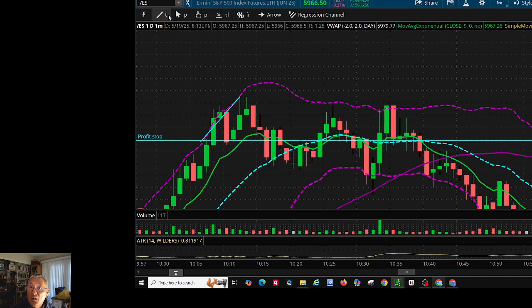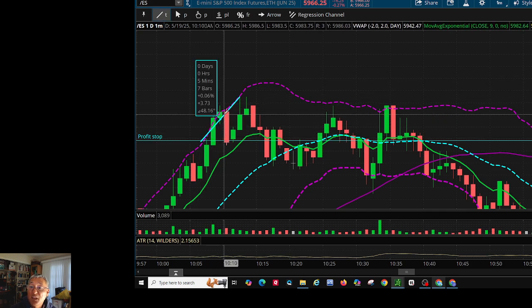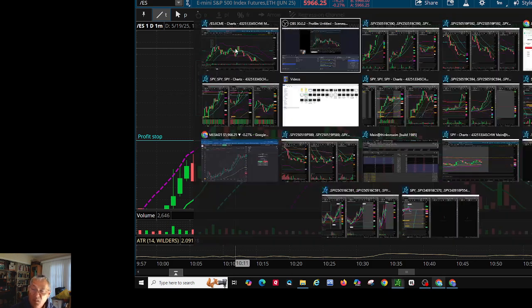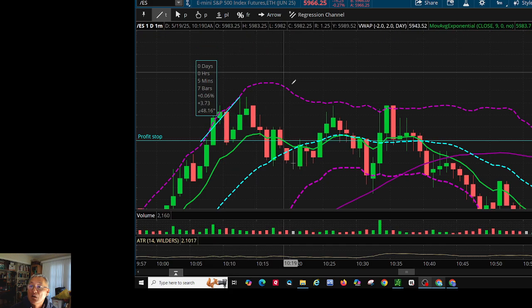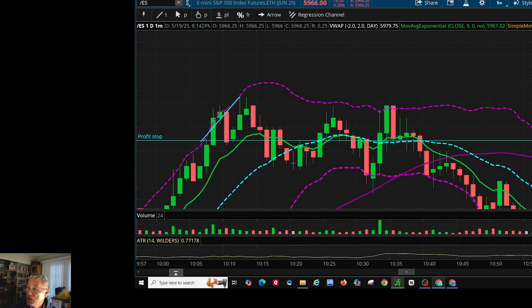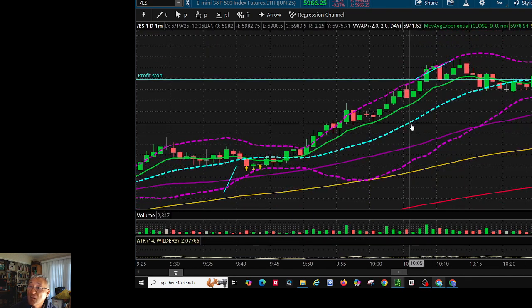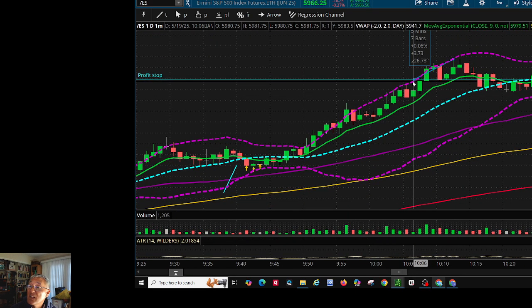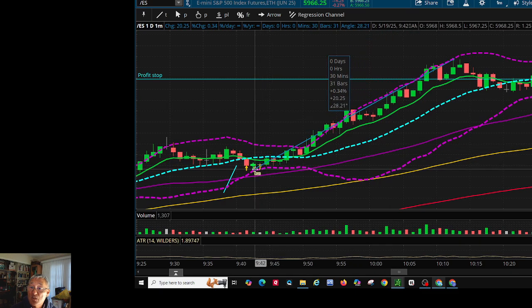So that ends up being, let's say, a 4-point stop. You miss 4 points out of the 20. If you look at this, that's the high, there's your entry right here.